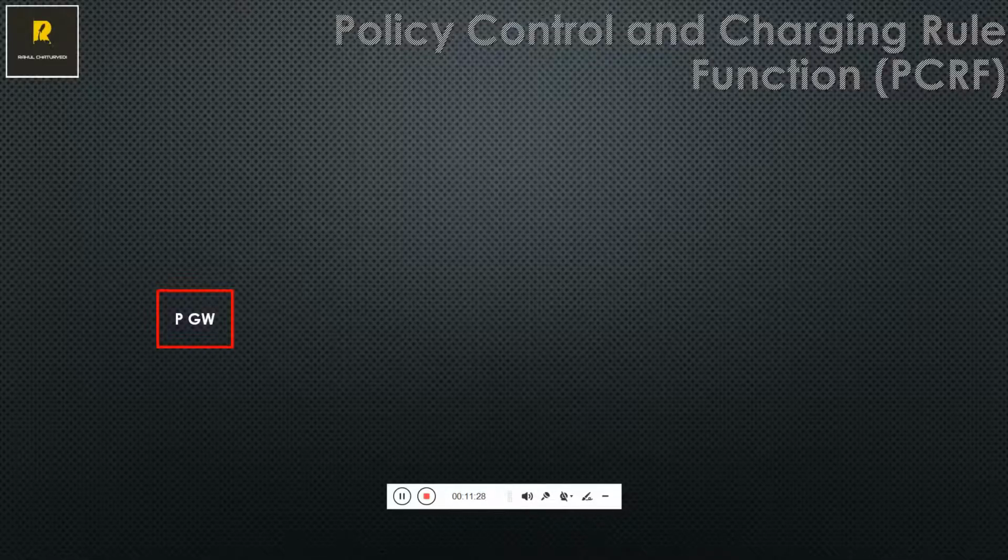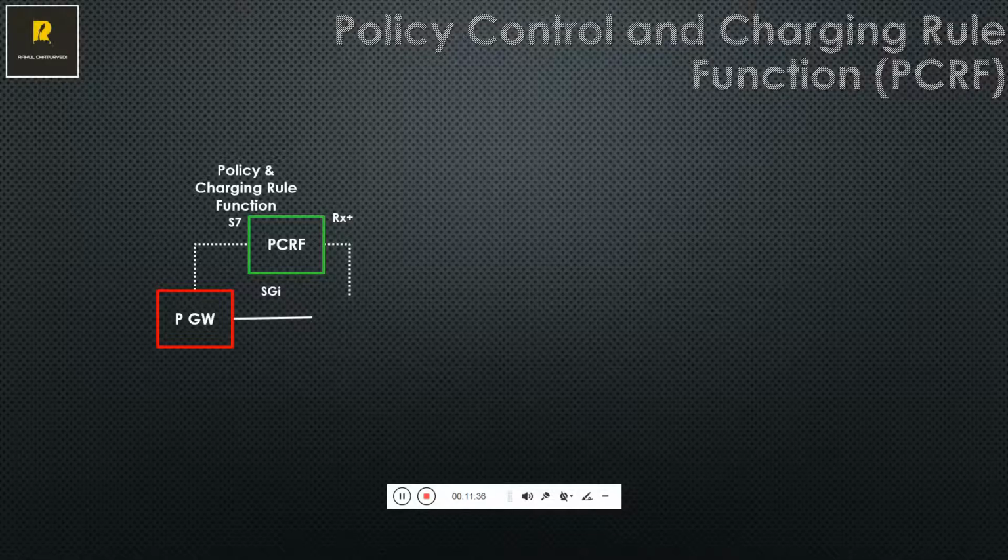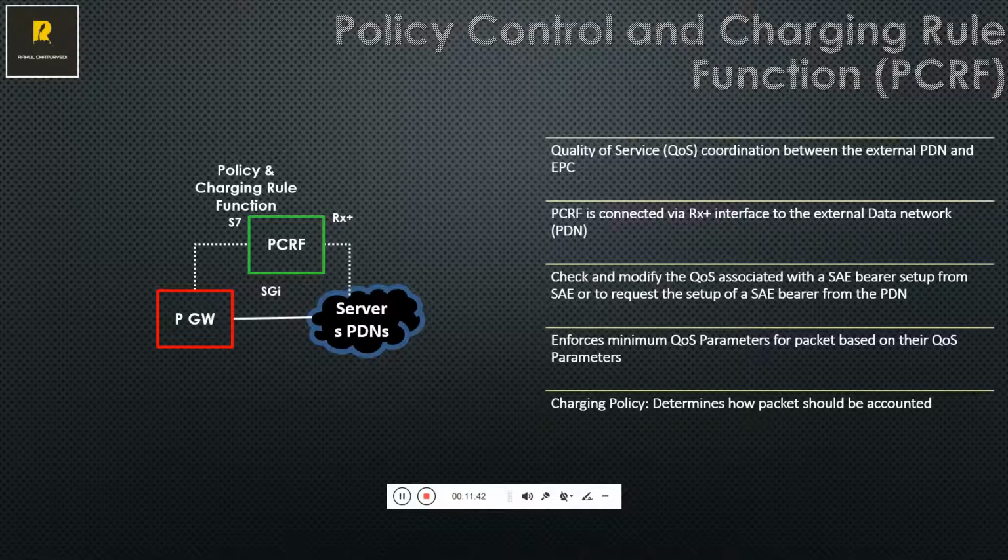Coming to the structure now, the P gateway is connected with the PCRF with the S7 interface, and with the external PDN, that is the server PDN, by the Rx+ interface. So coming to the functionality of PCRF now: quality of service coordination between the external PDN and EPC. PCRF is connected by the Rx+ interface to the external data network PDN.